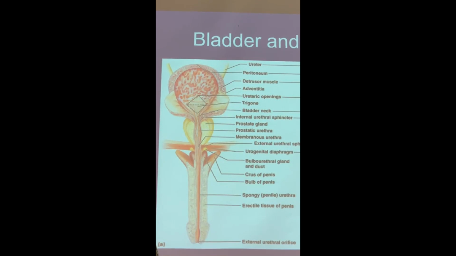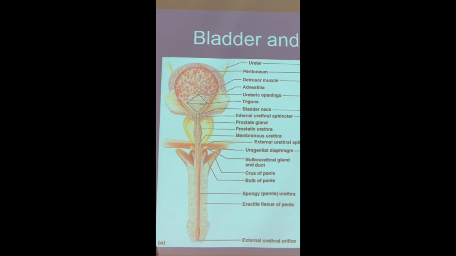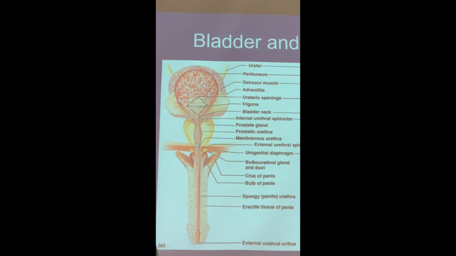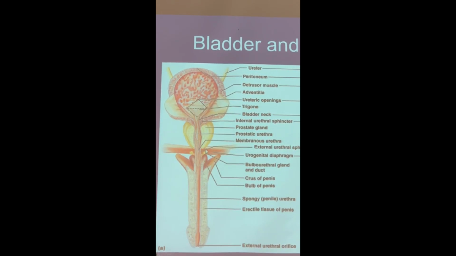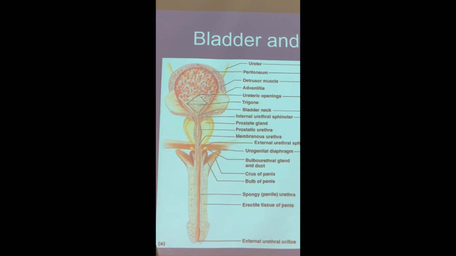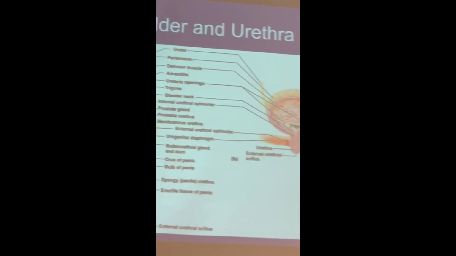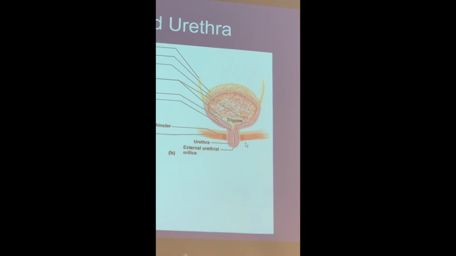That's smooth muscle. The urethra then passes through the urogenital diaphragm, the pelvic outlet muscles, and there those muscles wrap around the urethra and act as an external urethral sphincter that we control voluntarily.